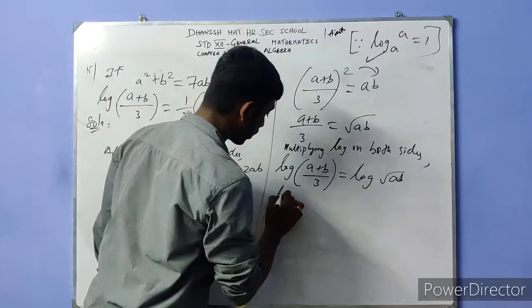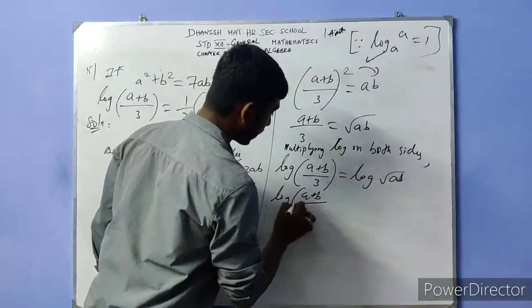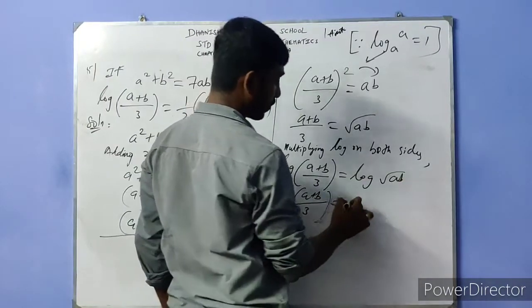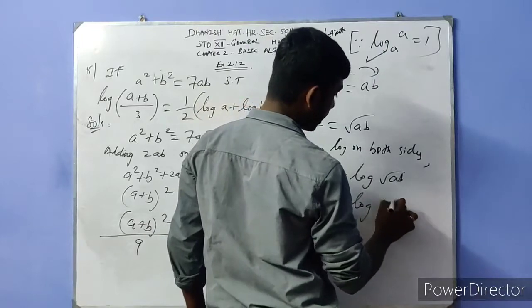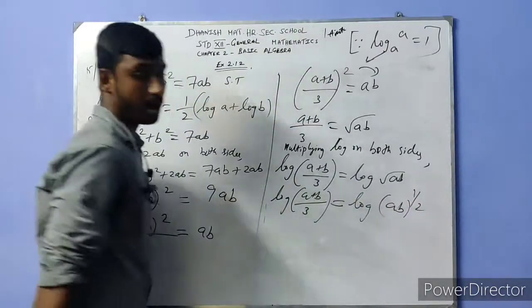This root value you have to write like this: log of (ab) power of 1 by 2.